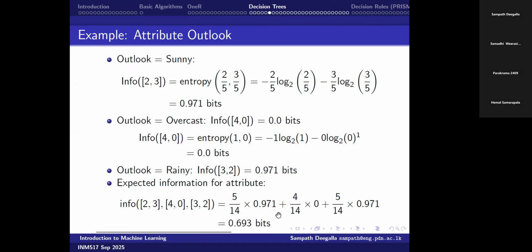What I mean by proportions here is that when you separate the data, you will get 5 instances for Outlook sunny, 4 instances for Outlook overcast, 5 instances again for Outlook rainy. So you will take proportions, and this will be the information after you split based on the Outlook attribute.